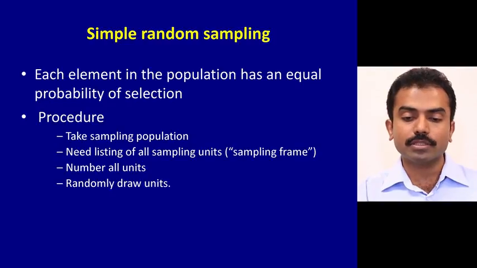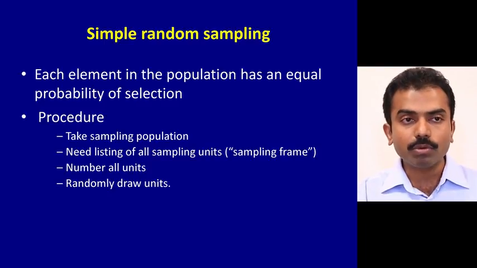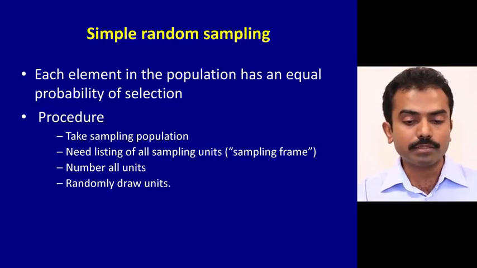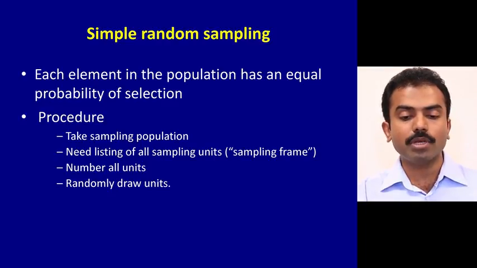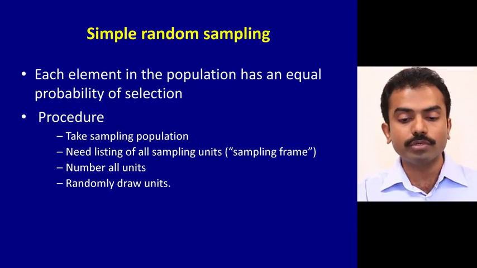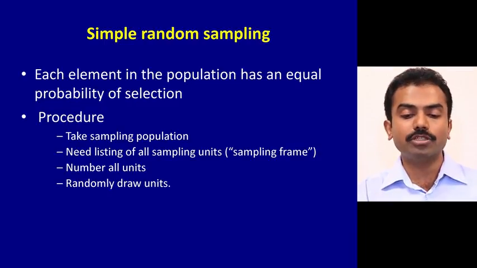In this method, each element or each unit in a population has an equal probability of getting into the sample. The procedure is very simple. Take the sampling population. You need a sampling frame for sure here. You need a listing of all sampling units. Have all those units listed and randomly draw the required sample out of this.